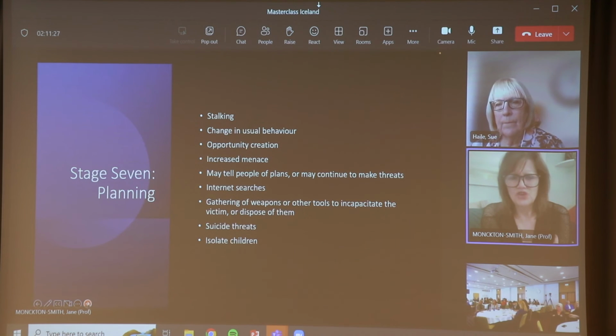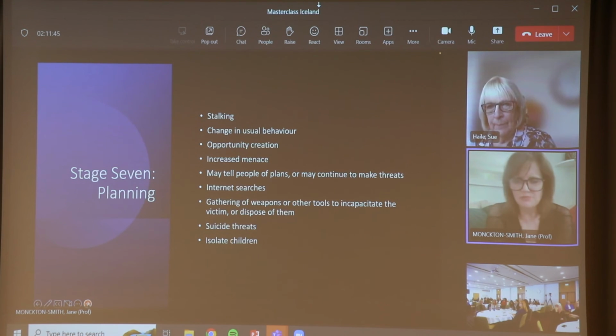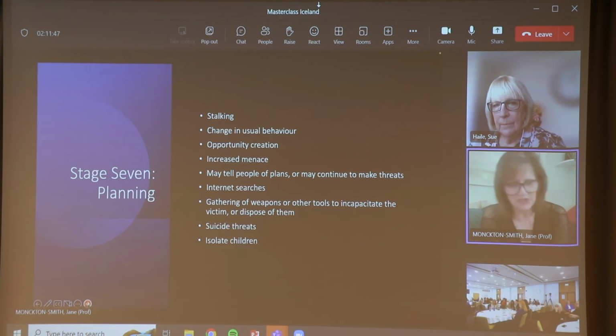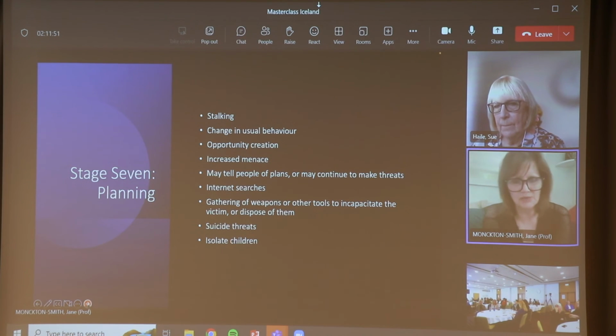One of the most common things that reveals planning is internet search history. So in many, many cases, you go through the internet search history and it'll be there: how to commit the perfect murder, how to bury a body, how much of this drug do I need to make sure someone's dead, where do I stab someone?